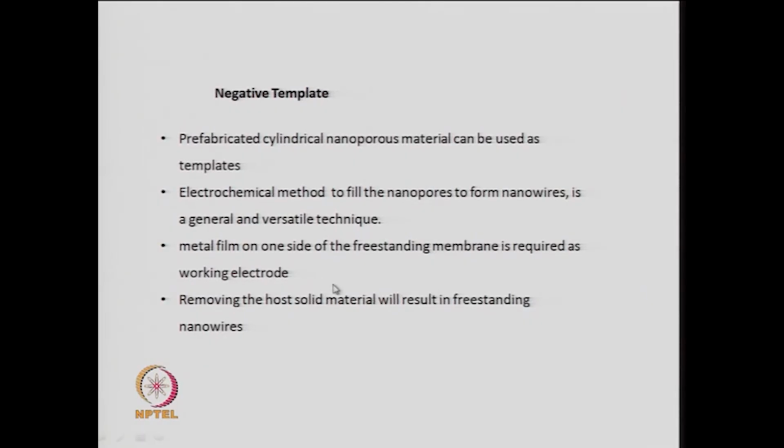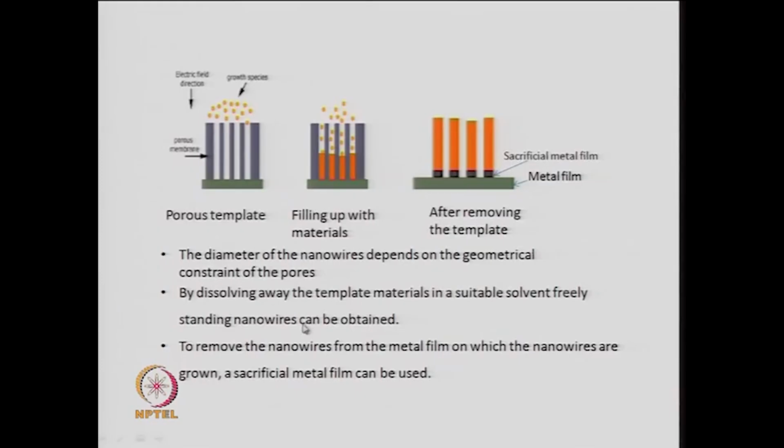So, you use a porous membrane, and you have a metal film as a working electrode, and once you fill the porous membrane with material and then remove the solid host material, you get the nanowires. That is shown here.